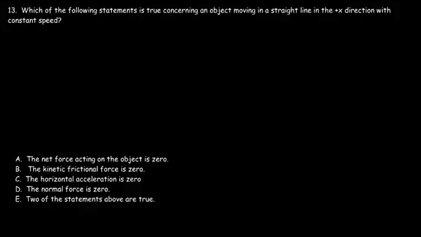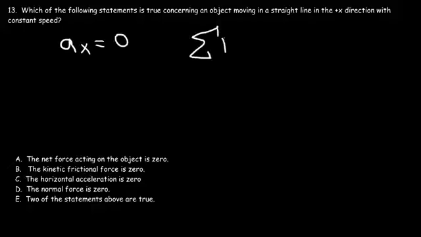Number 13. Which of the following statements is true concerning an object moving in a straight line in a positive x direction with constant speed? So if the speed is constant, and if the object is not changing direction, then the acceleration in that direction is 0. And based on Newton's second law, the net force is equal to mass times acceleration.